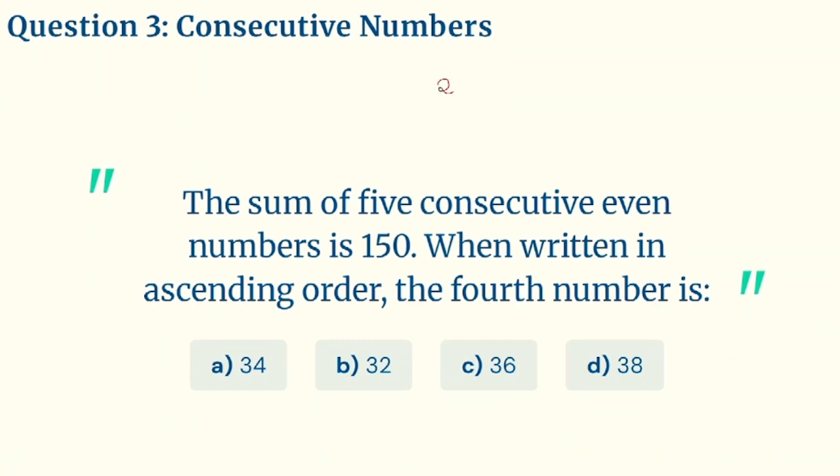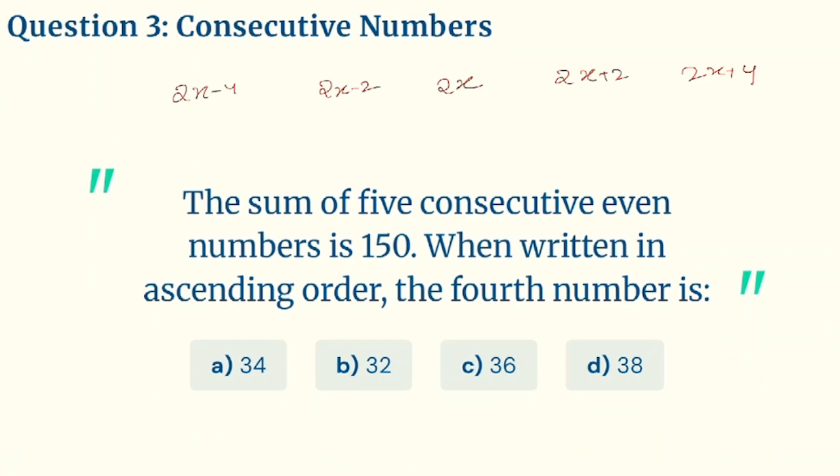Let me assume one to be 2x, then its previous one is 2x minus 2, and its next one is 2x plus 2. One more previous one is 2x minus 4, and the next one is 2x plus 4. They are all at a difference of 2. That means they are consecutive even numbers.